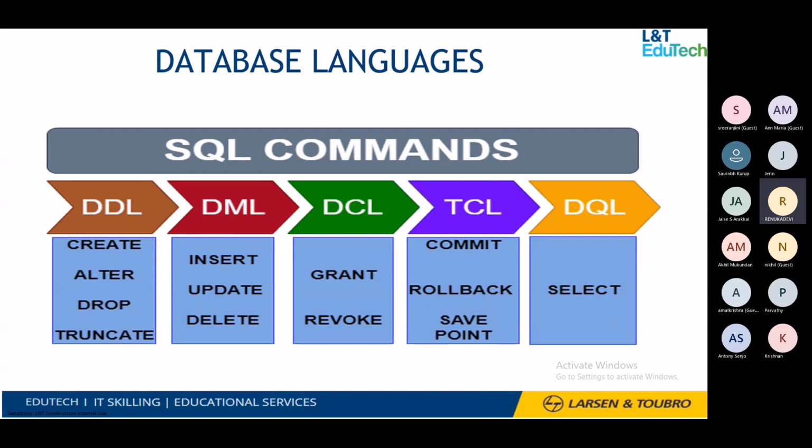If I give drop table name, it will drop the entire table, along with the structure. But when I give truncate, it will drop the records alone. That is, whatever data or records you have inserted into the table will get deleted, but the structure of the table remains the same.